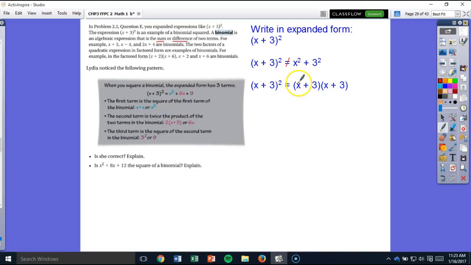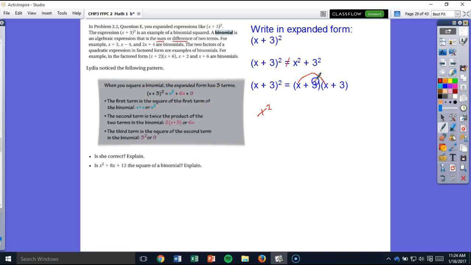So she would be correct. If we use our FOIL method, we would be squaring the first term to get x squared. Then the second term is twice the product of the two terms in the binomial. So she's saying that the second term is going to be 2 times this, so the second term should be 6x.